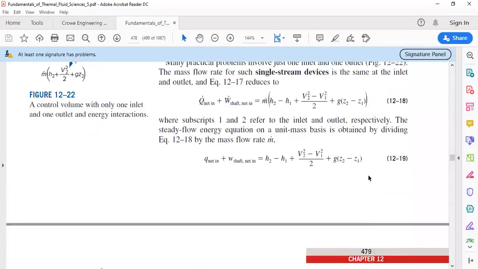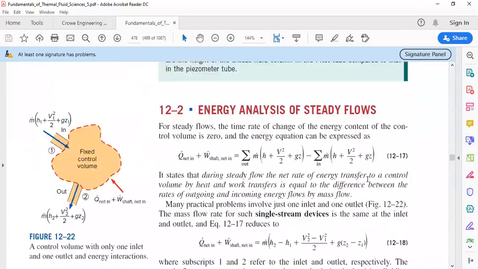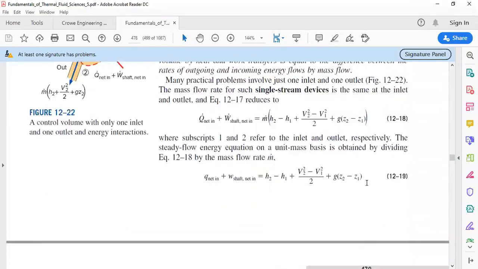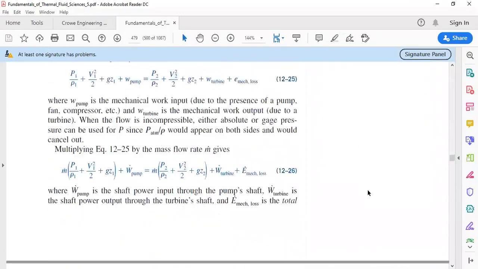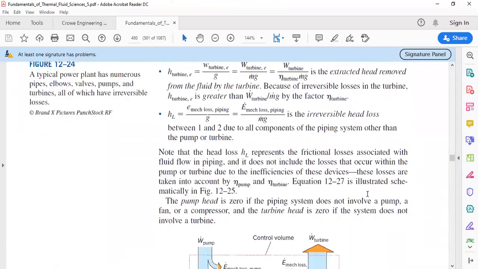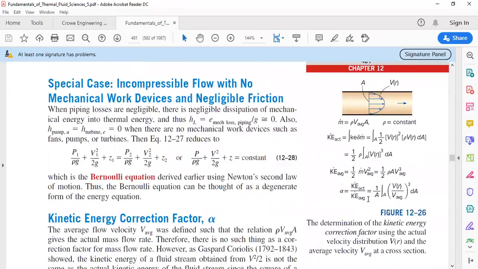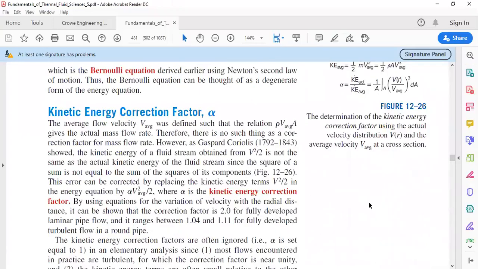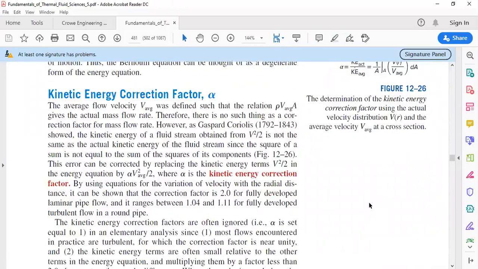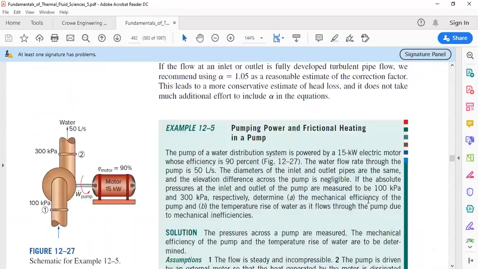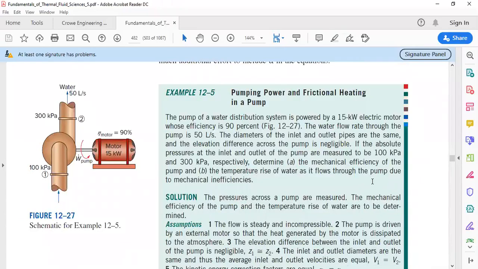Here is the energy analysis of steady flows. We showed all these equations and terms, and finally talked about the kinetic energy correction factor. And here, let's look at these examples.